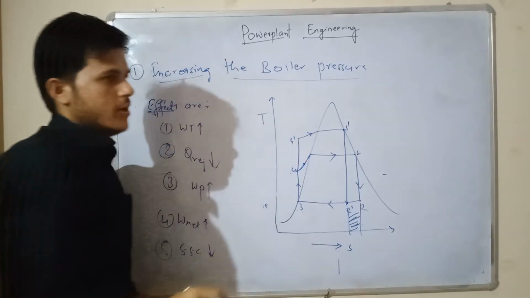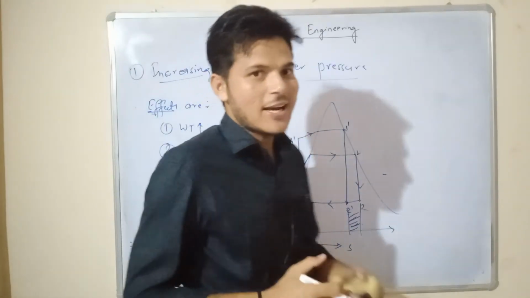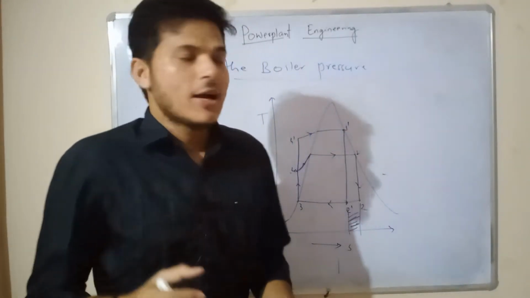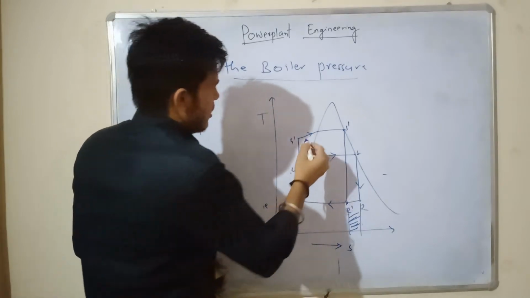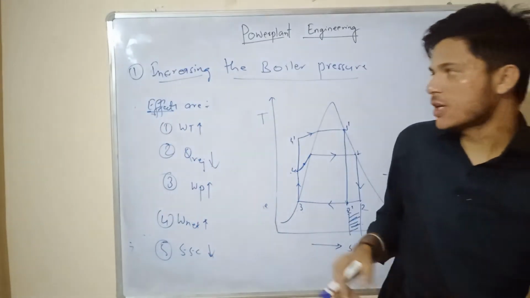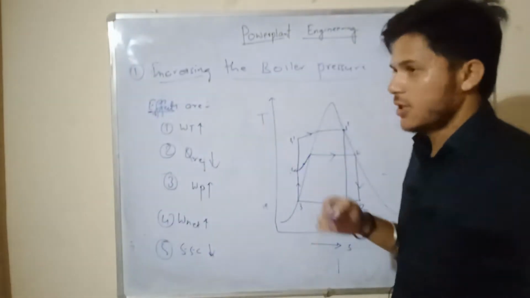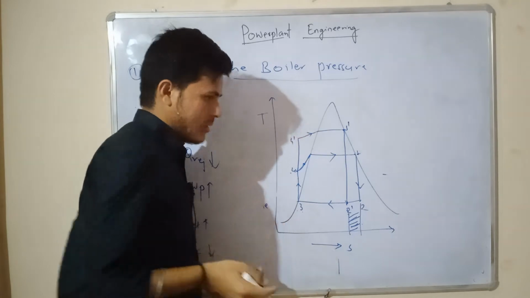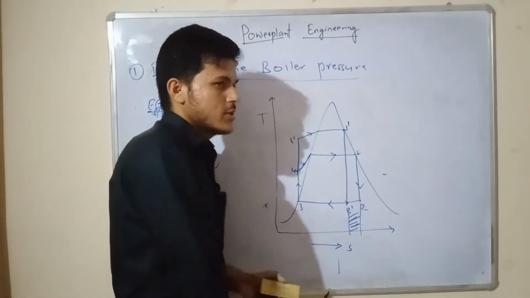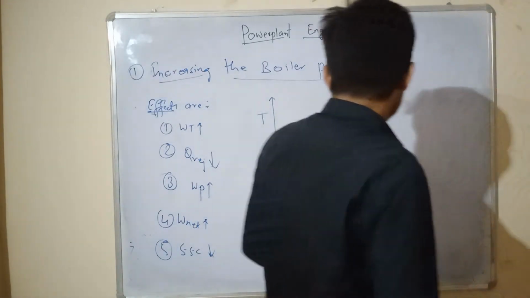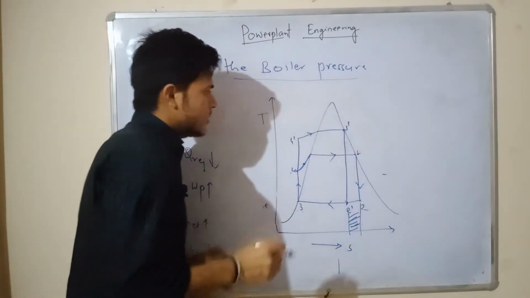As you know, there is sensible heat and latent heat. Latent heat is the heat required to change the phase, for example converting liquid to vapor. If we heat the same liquid in the same phase, we call it sensible heat.